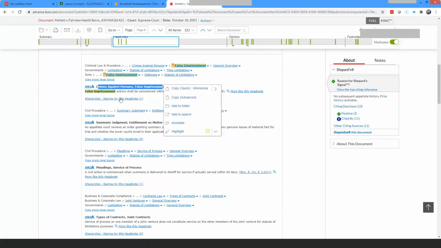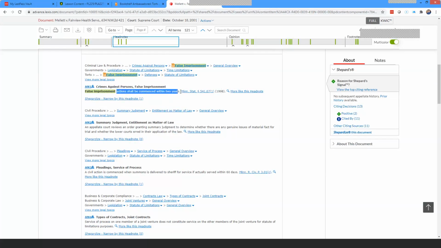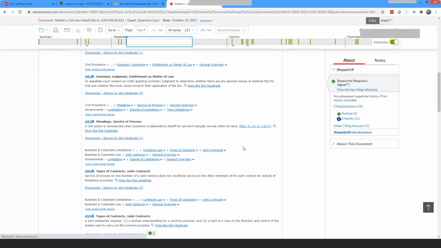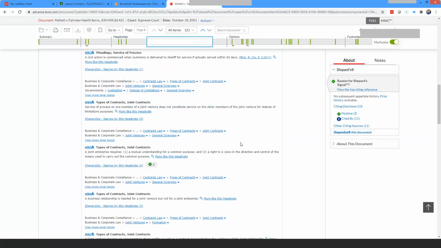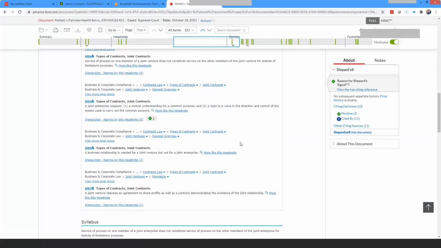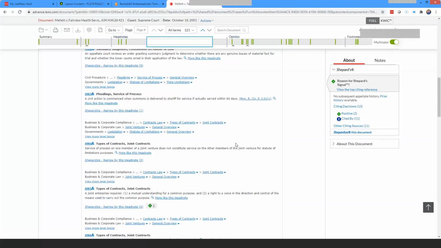But what does this say? Actions shall be commenced within 2 years. That's not really helpful. That's not defining the tort. That's just saying how fast you have to bring the lawsuit. So this kind of proves my point, doesn't it? That it's going to be hard to find what you really want in state law.